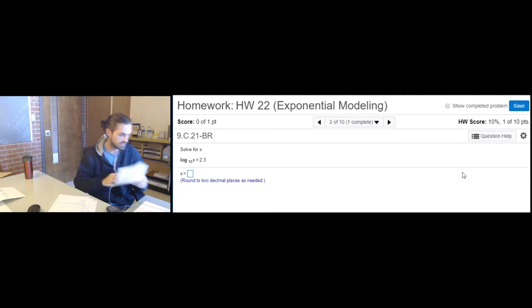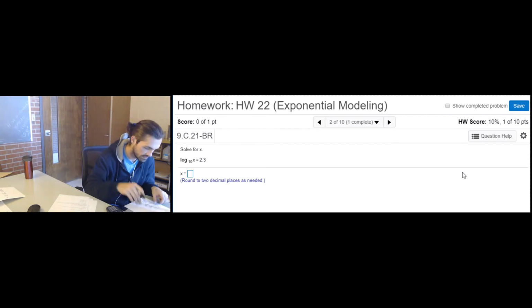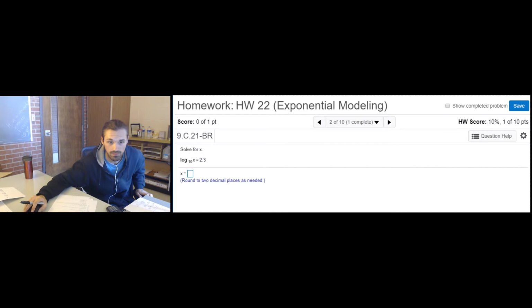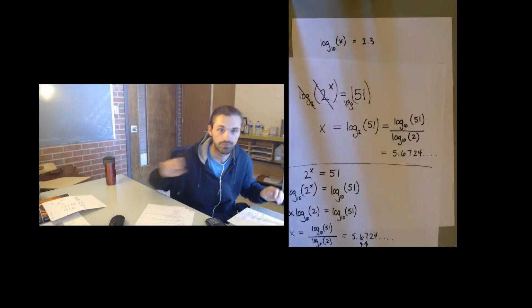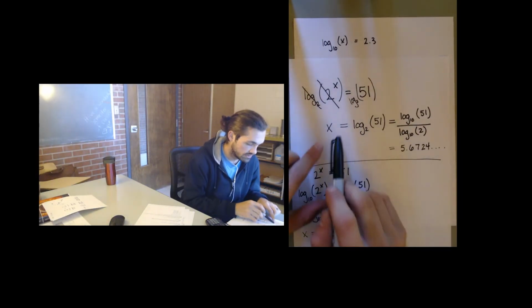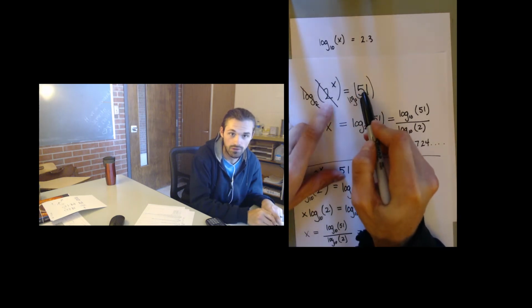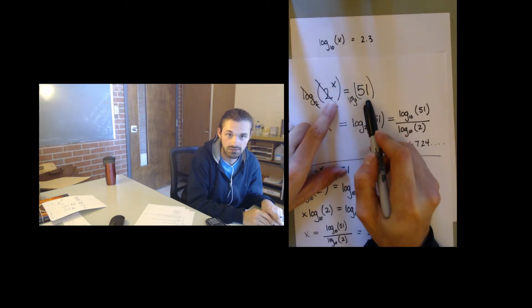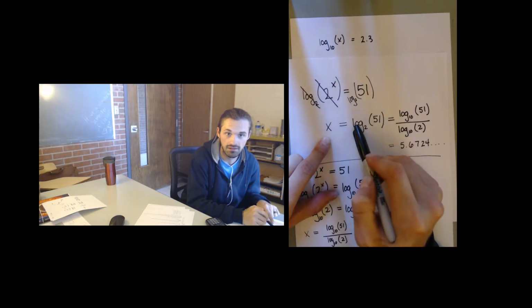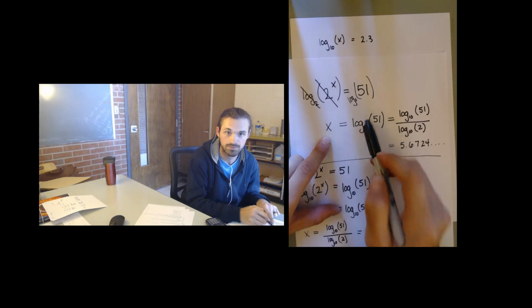So reflect back to our previous example. We had 2 to the x is equal to 51, and then we could rewrite that in terms of a logarithm as x is log base 2 of 51.